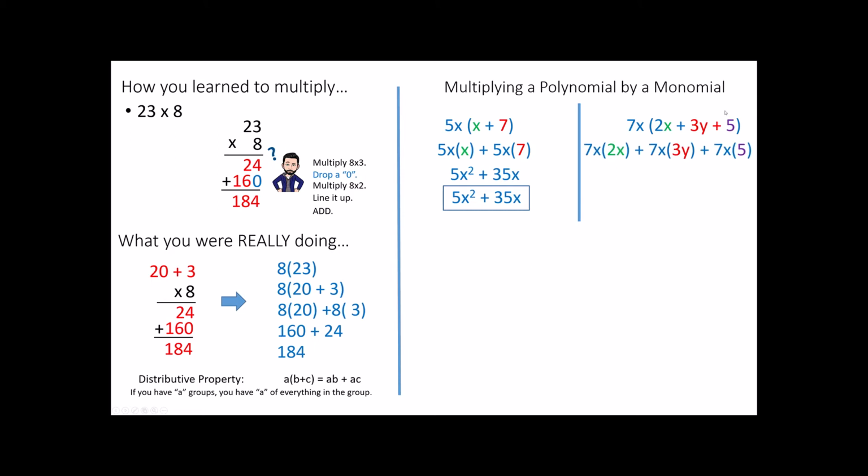Which I can write out this way. 7x times the 2x, I see my 2 is blue, it should have been green. 7x times 3y, and 7x times the 5. Whatever's on the outside gets distributed to everything on the inside, and then we just compute that. 7x times 2x makes 14x squared. 7x times 3y is 21xy, and 7x times 5 is 35x.